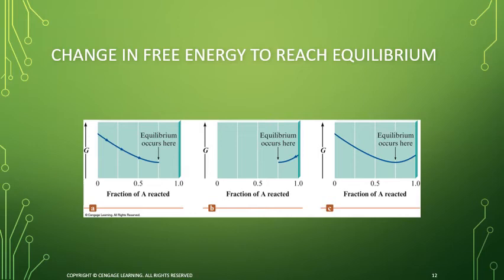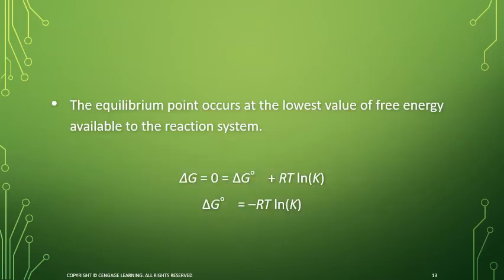That gives us the spontaneity moving in the reverse direction in this case, which gives us the overall graph of the two being combined together, with the low point on the graph telling us where the equilibrium lies for that particular reaction. So the equilibrium point occurs at the lowest value of free energy, essentially the most negative value for delta G that is available to the reaction system.